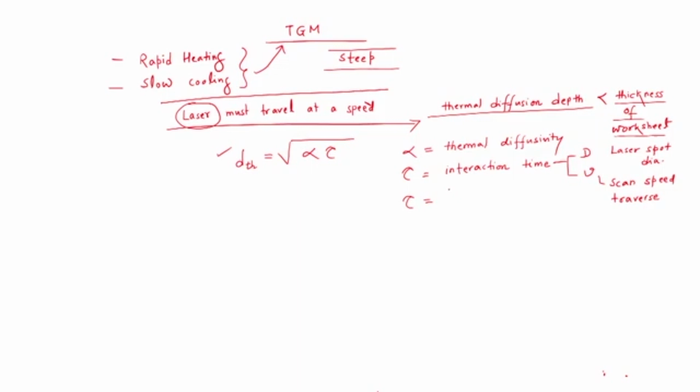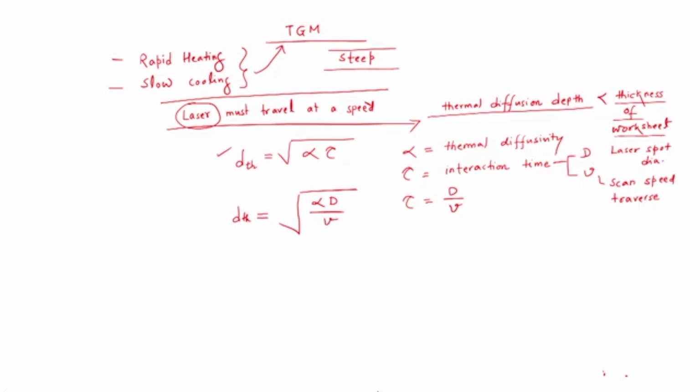So, I can write tau is equal to d upon v. Let us rewrite the correlation: D_TH is equal to root alpha into d divided by v.